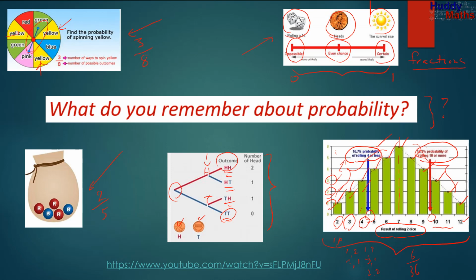I would just want to go back and have a look at why did they go to percentages? Why not just leave it at 6 out of 36? Do you remember what percentages are? Well, first of all, how do you do it? 6 out of 36. Percent means per 100.